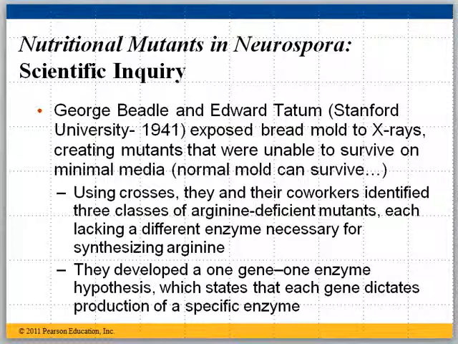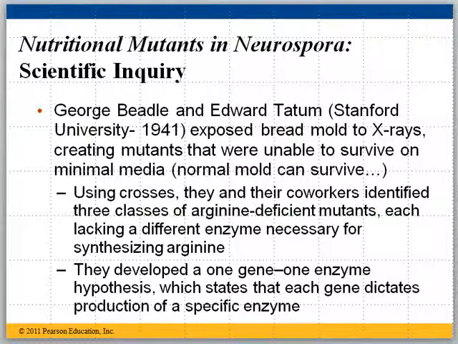So they were exposing bread mold to X-rays, and then they were trying to create mutants of varieties of this bread mold. The mutants they were trying to create would be the type of mold that would not be able to survive on something called minimal media. Minimal media would be like the gel material, the agar that you put in the petri dish, that only has some essential nutrients in it.